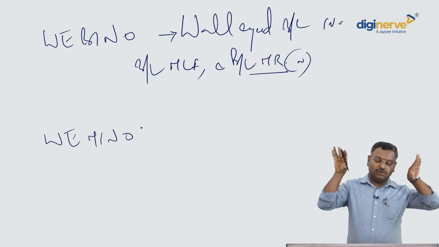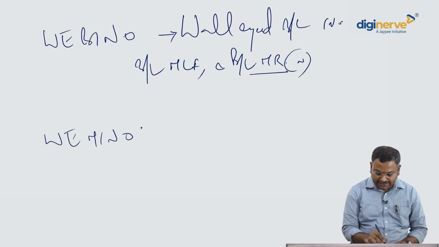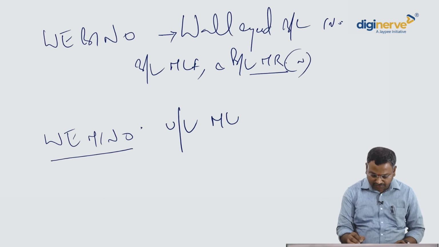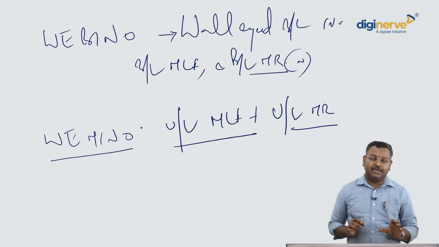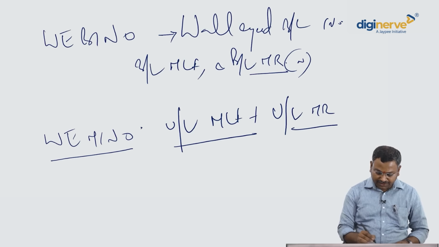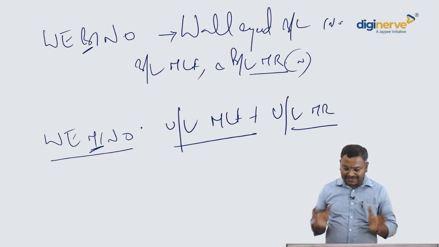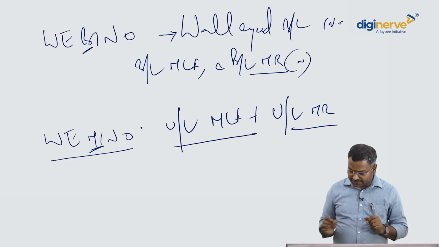So both eyes will go wall-eyed with bilateral ophthalmoplegia, pupils dilated. Next is the WEMINO, where you have unilateral MLF involvement plus unilateral medial rectus nucleus involvement. That is called wall-eyed monocular internuclear ophthalmoplegia. So WEBINO is bilateral INO, whereas WEMINO is unilateral INO.